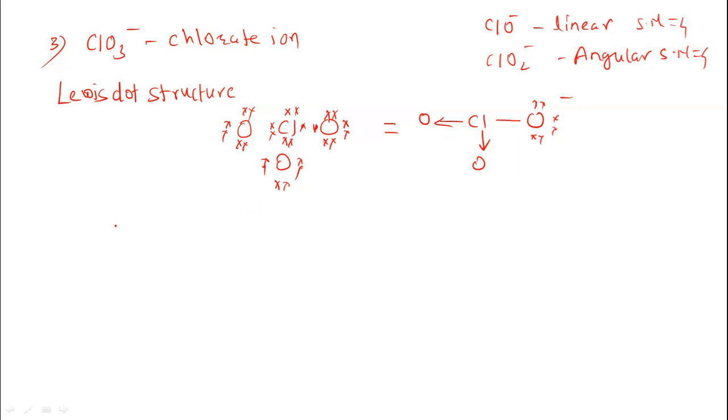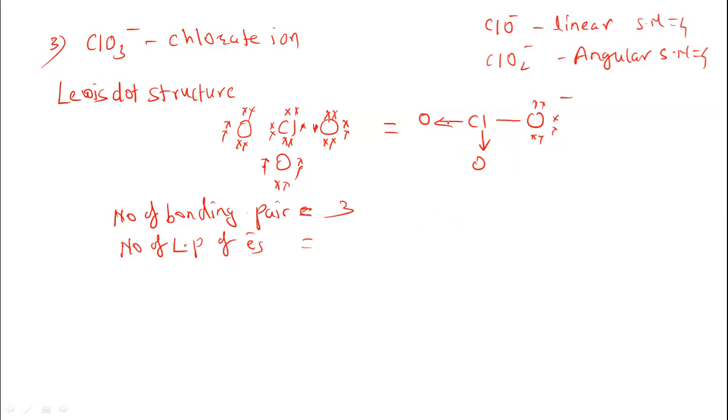Now, number of bonding pair electrons. So this is 1, this is 2 and this is 3. 2, 2, 2 means 3 bonding pairs are there. Then number of lone pairs on the chlorine.